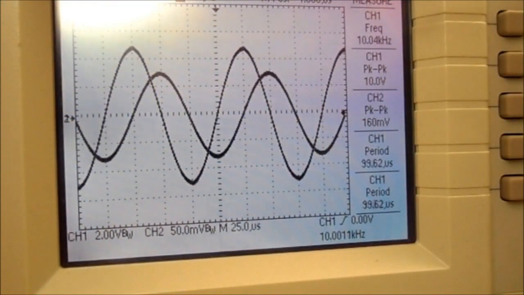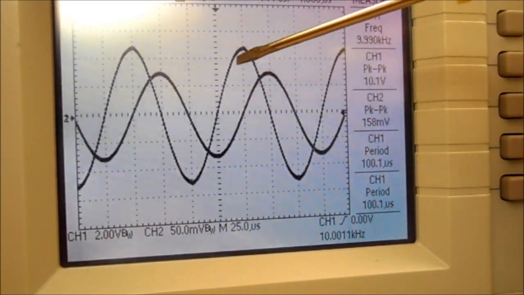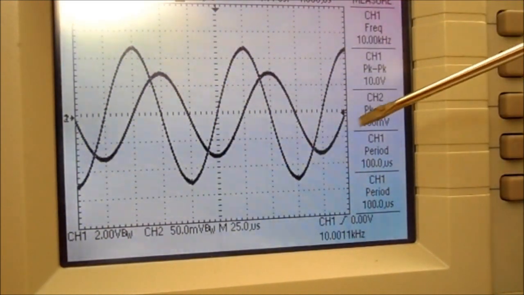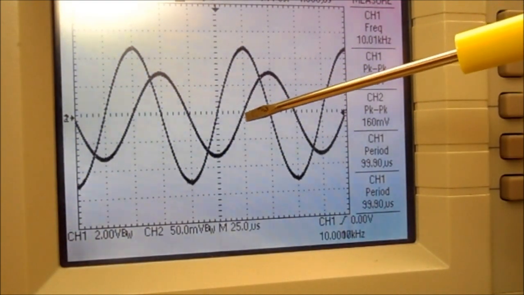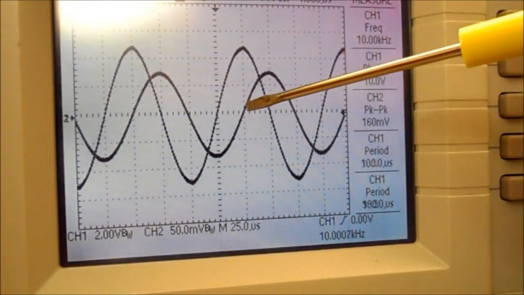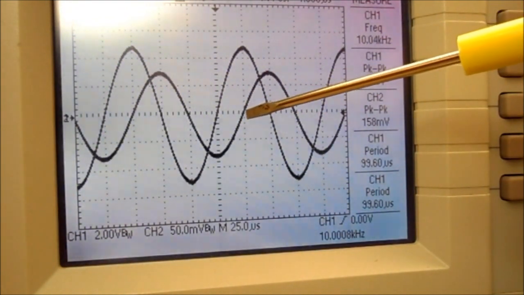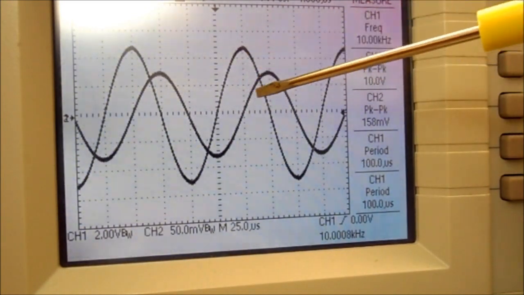So looking on the oscilloscope screen, you can see my input waveform is the larger waveform, and it is 10 volts peak to peak. And this is the current waveform for my inductor, and you can see it's lagging my input waveform by almost 90 degrees.